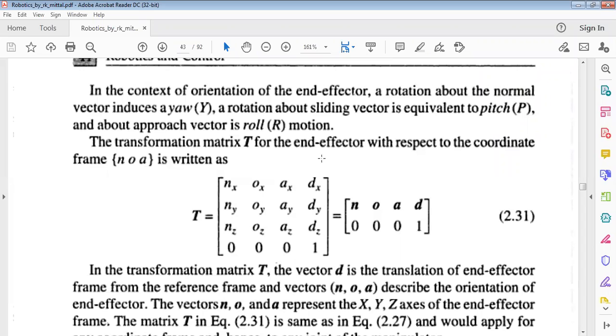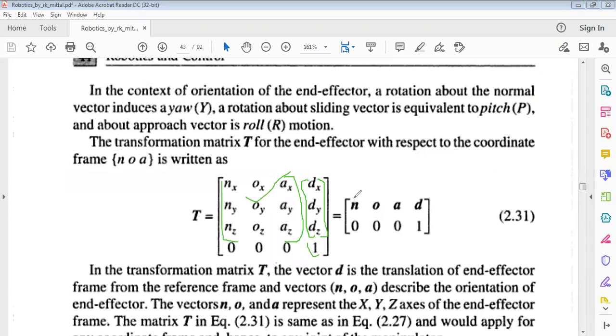Here you see this 3 by 3 matrix represents the orientation, or rotation, of the end effector. This is the translation vector, and this is the scale factor.